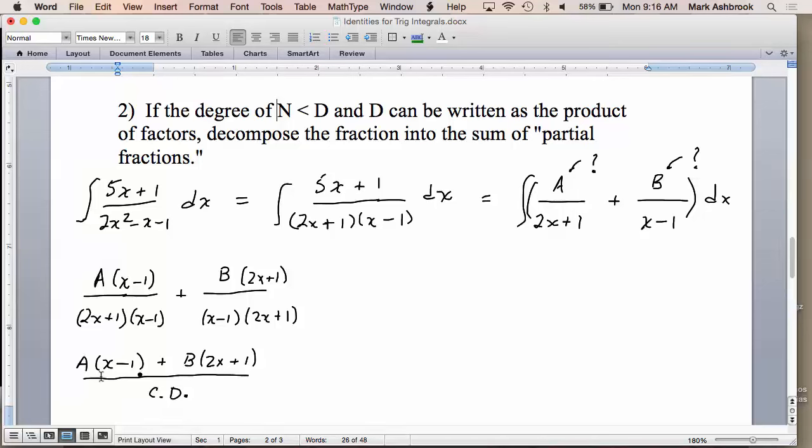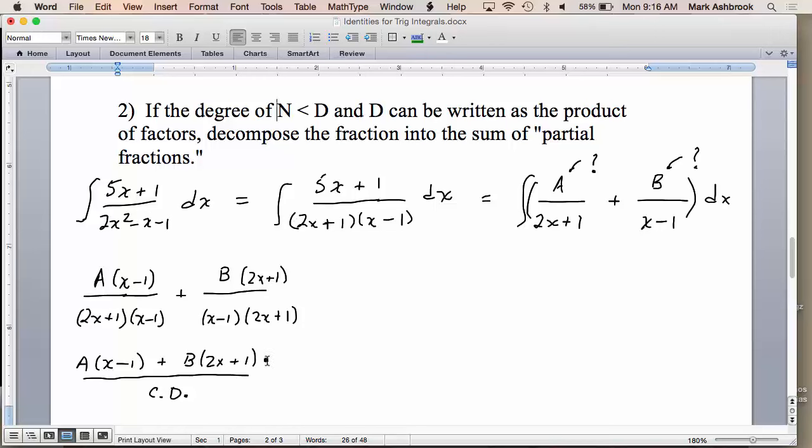And what does this have to equal? This numerator has to equal 5x plus 1. So we're figuring out what capital A and capital B are so that the numerator is 5x plus 1, and those will be the A and B that we need.